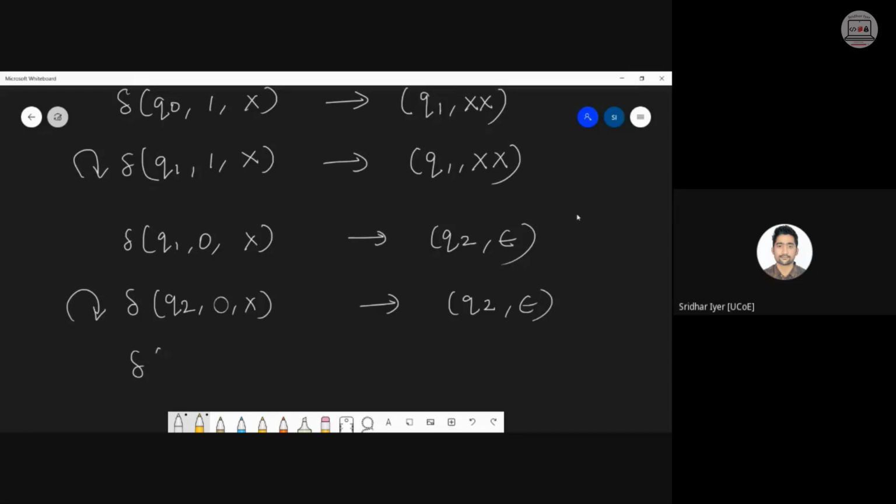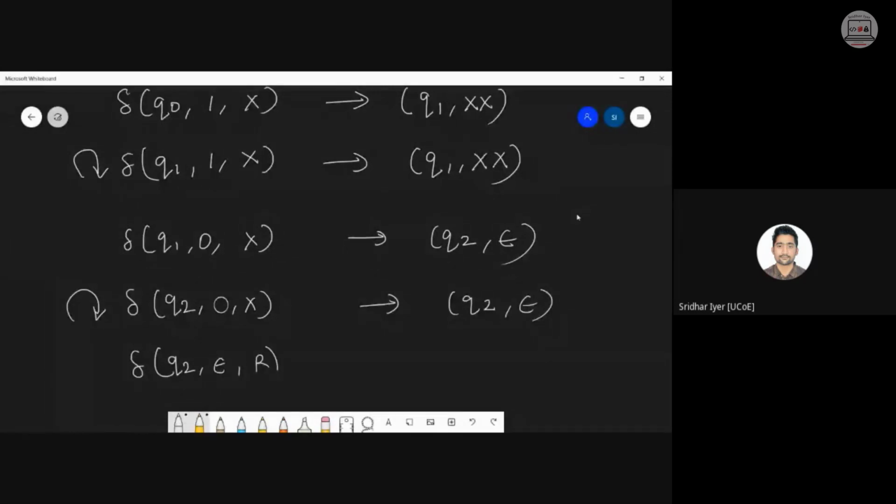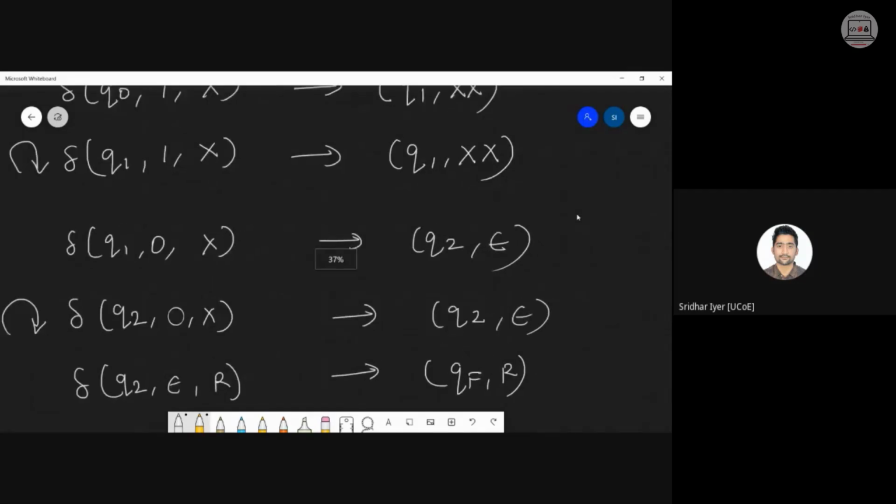So after reading all these zeros, after popping everything, if the input tape is empty and it is pointing to the stack top element, that is R, the initial element, I will go to qf. Is it clear now?